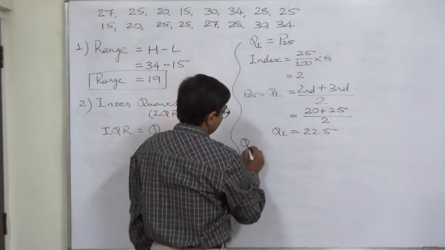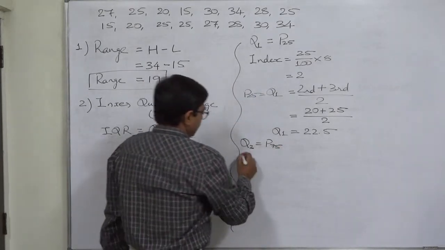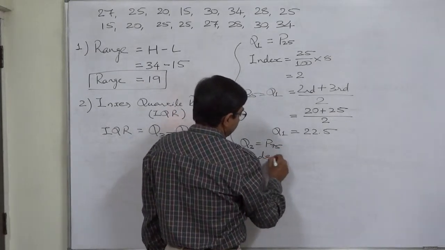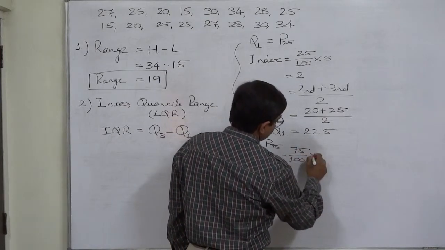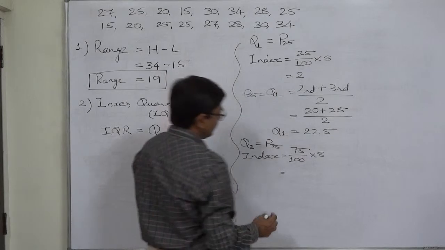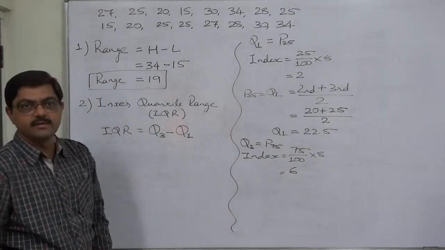Now Q3, or say P75. The index for Q3 is 75 divided by 100 into n, that means 8. It comes to 6. Again the index is an integer value.